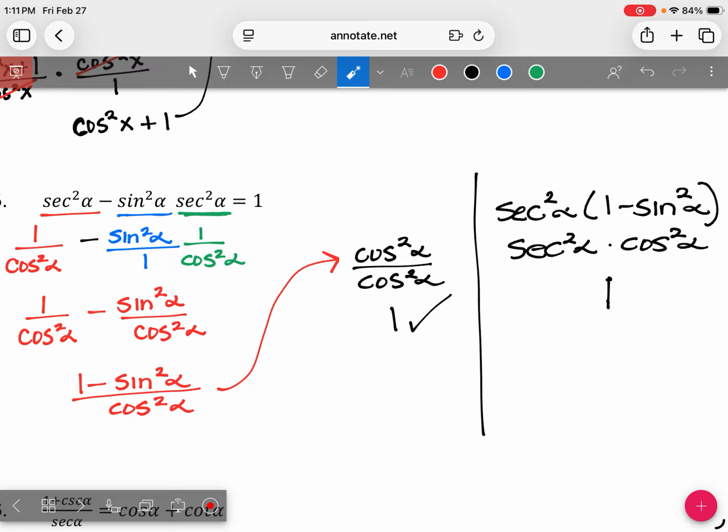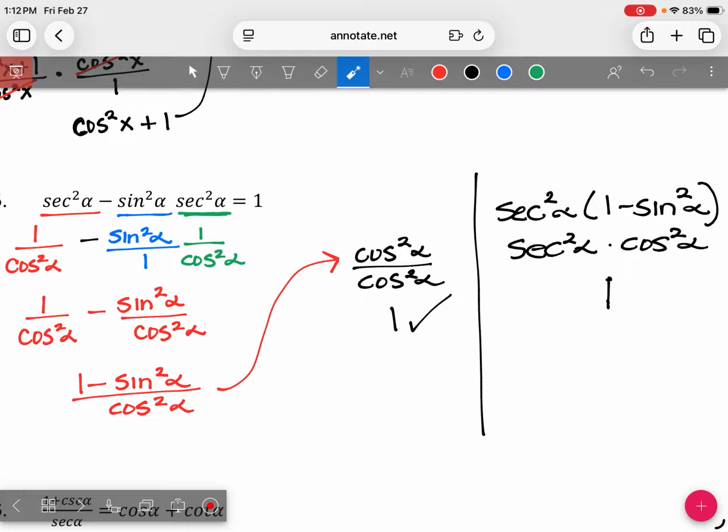Then go down to where it says variations of the Pythagorean identity. Do you see where it says sine squared theta equals 1 minus cosine squared? And the same thing for cosine. So what I did was 1 minus sine squared changed to a cosine squared.